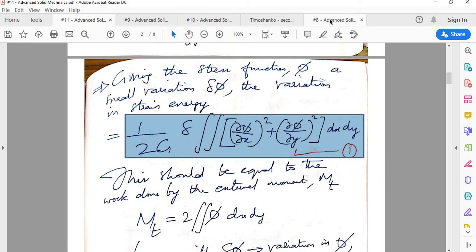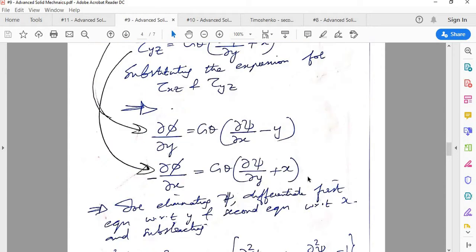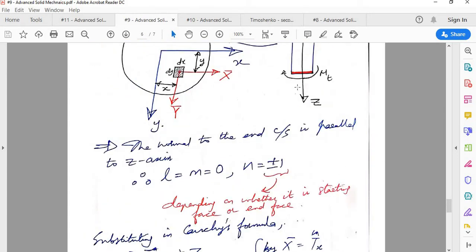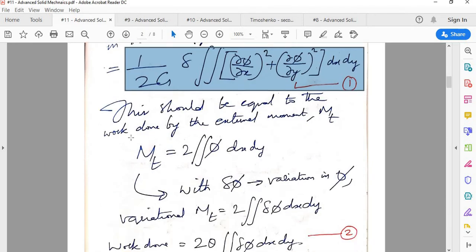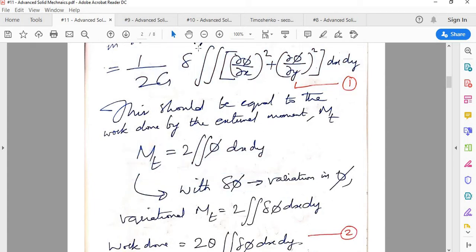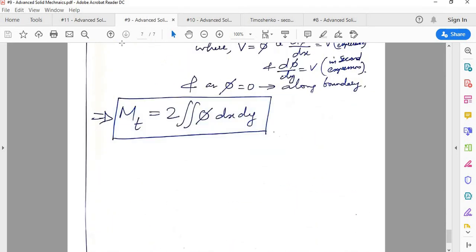Now remember the cross section is subjected to the external moment Mt. So the external work done is nothing but Mt into theta. So first of all, let us write the expression for Mt. The expression for Mt is 2 double integral phi dx dy, which we had arrived at in an earlier lecture.